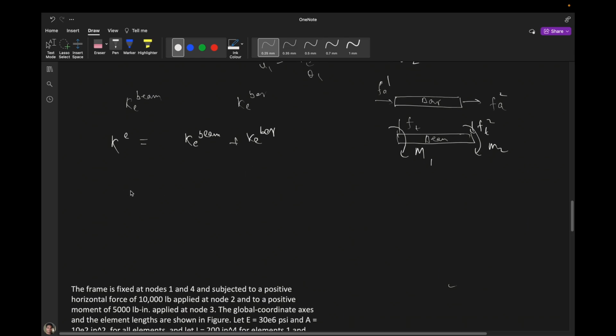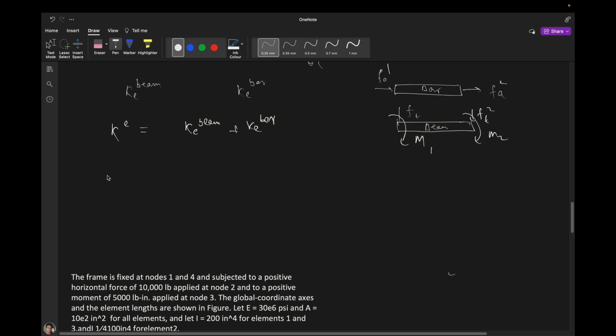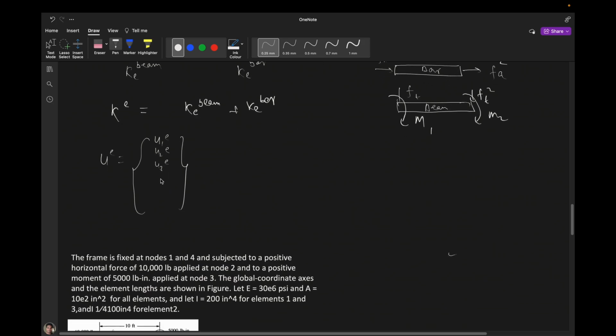So if I write the displacement for one element, it will have u1e, u2e, u3e for one node, and I will write it as 1 here, 1 1 1.